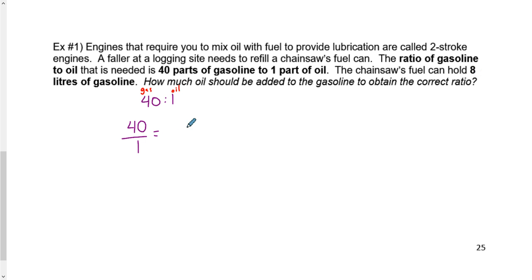When we have 8 liters of gas, we are going to solve for how much oil that would be. And just like we've done before, multiply across, divide by the remaining number. So x would equal 8 times 1 divided by 40. If I'm doing that in my head right, that should be 0.2. I'm just going to check with my calculator to make sure.